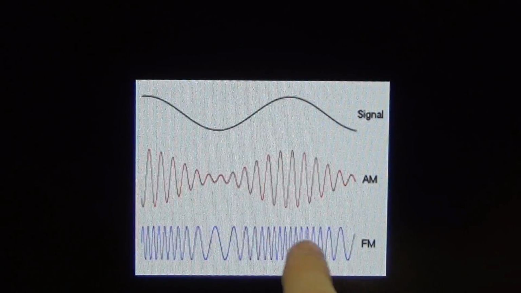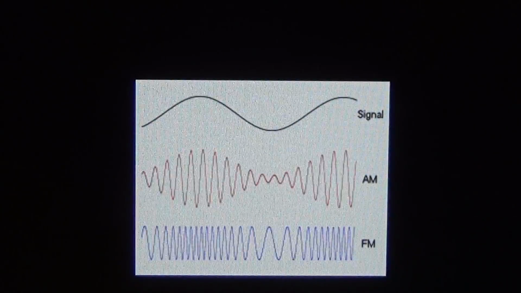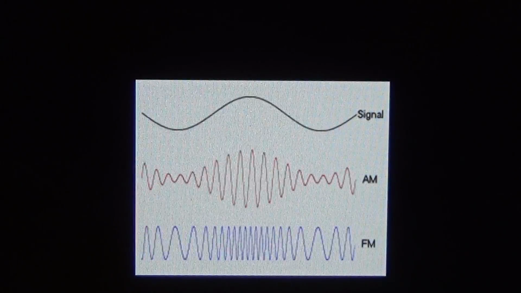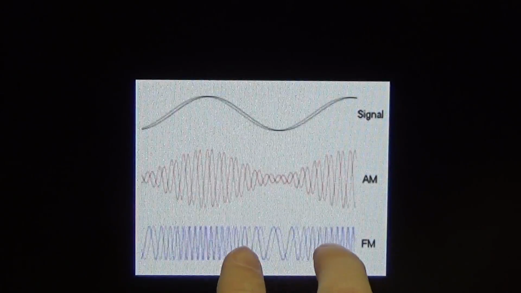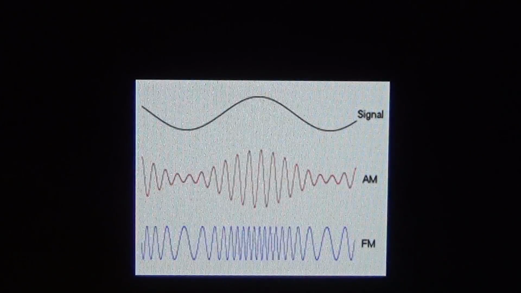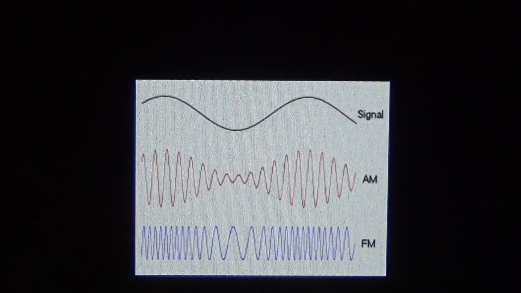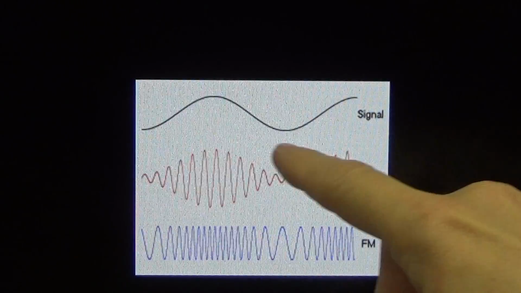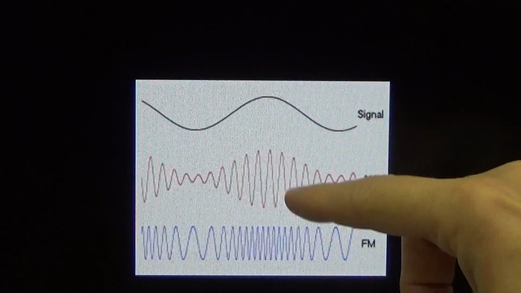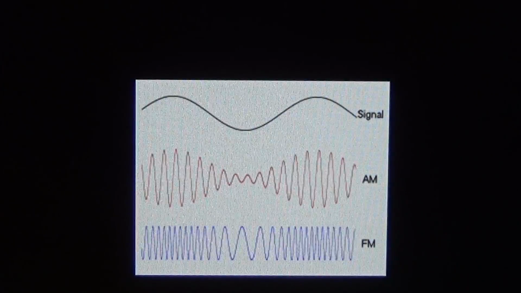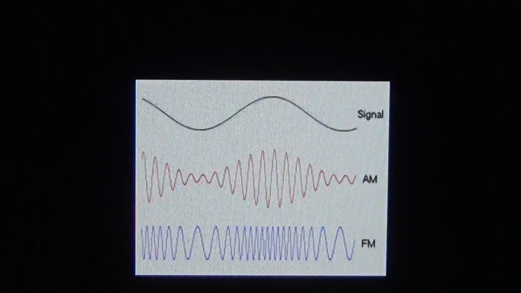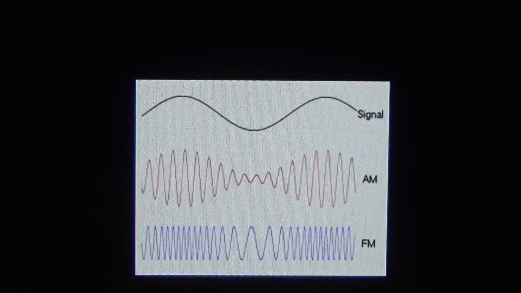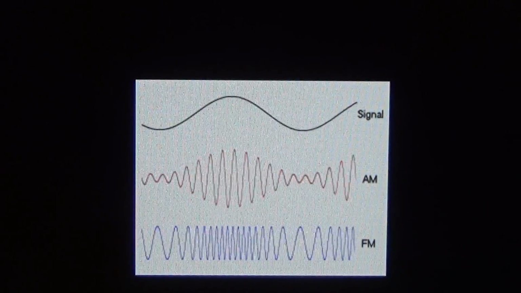If we have here, for instance, in the middle our carrier frequency, and then we modulate it, you see that we are changing our HF frequency. And on AM we just change our amplitude, so we do not change our HF frequency, so that will always stay the same.